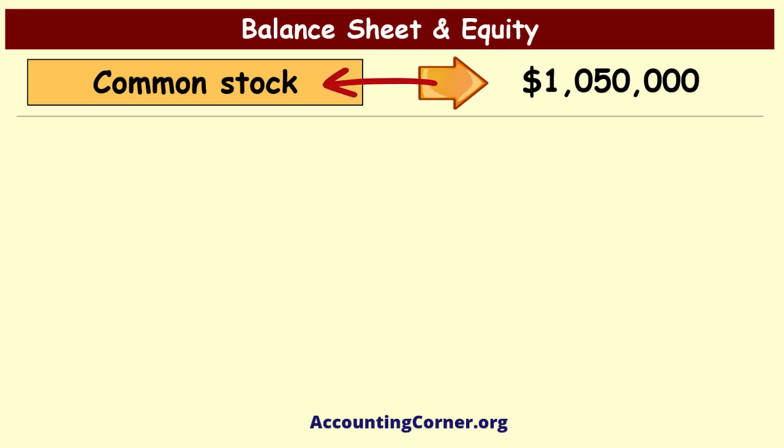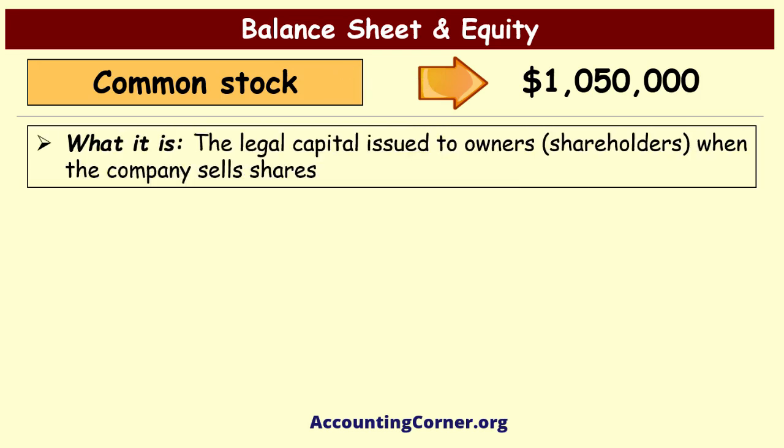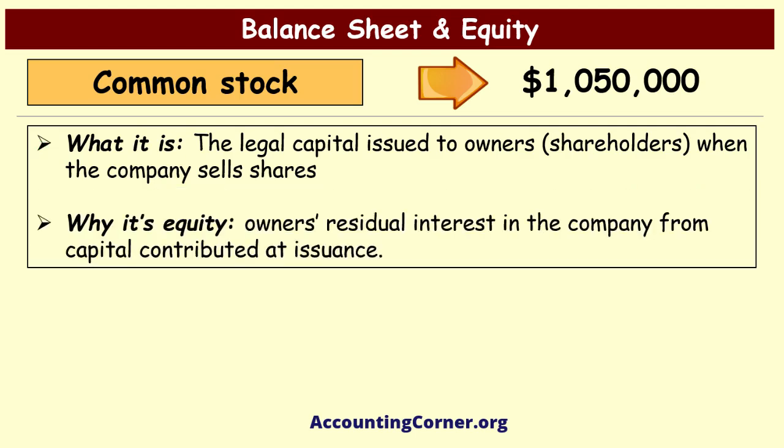We start from common stock. Common stock is the legal capital issued to owners, shareholders, when the company sells shares. It is shown in paid-in, or in other words, contributed, capital. Why it's equity? First, it represents owners' residual interest in the company from capital, contributed at issuance.